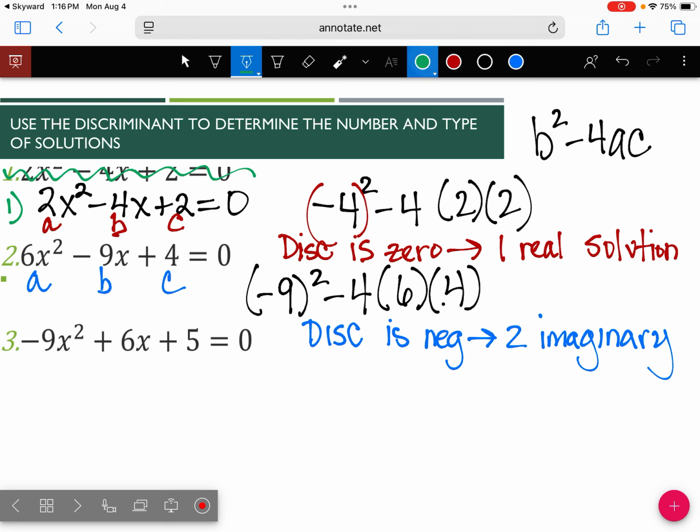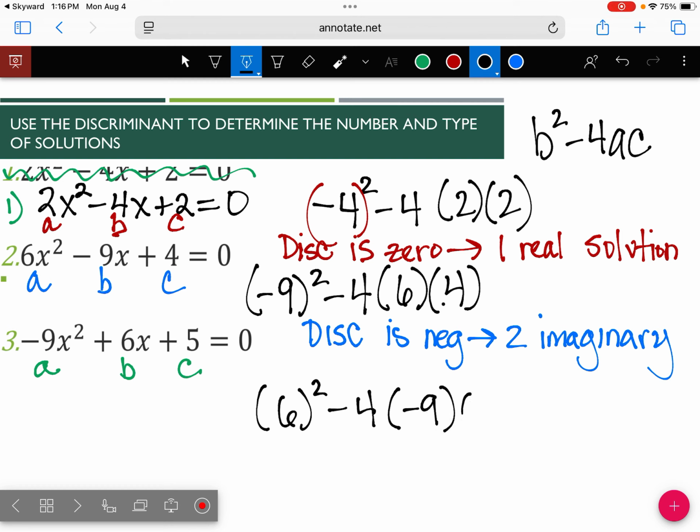All right, go ahead and do the last one. A, B, C. B squared minus 4AC. Go ahead, type that in.